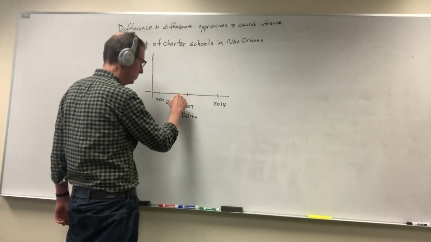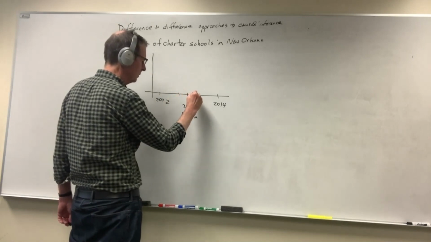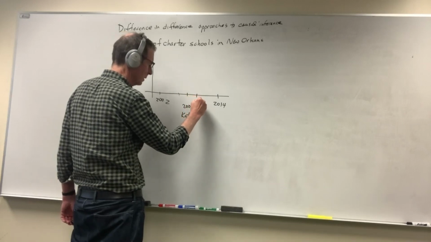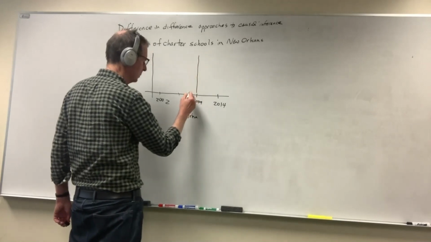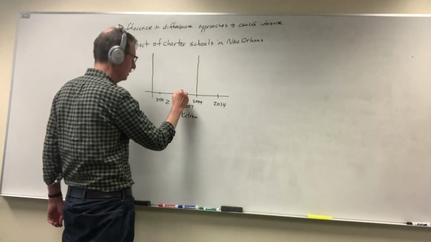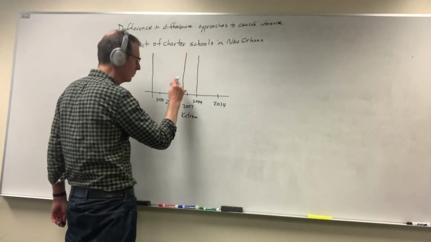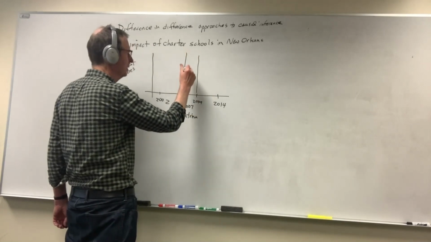You want to have a period of adjustment. So we're really going to say that things up until between Katrina and 2009 we're going to throw out, because we want to know after things get settled back in after Katrina.